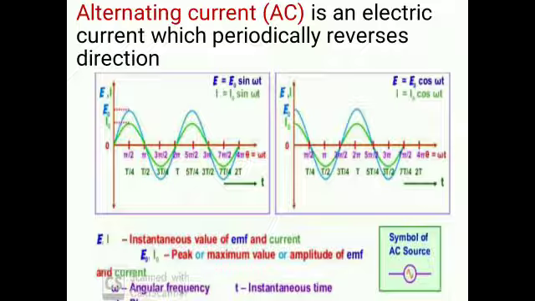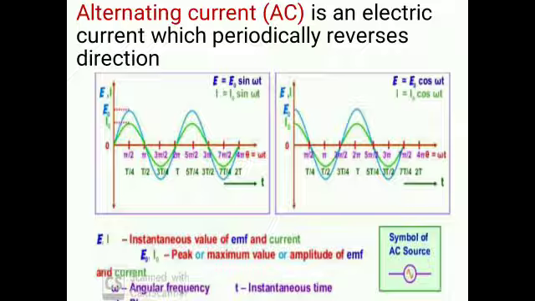So in this way, this current or EMF periodically reverses its direction. So alternating current is an electric current which periodically reverses its direction.